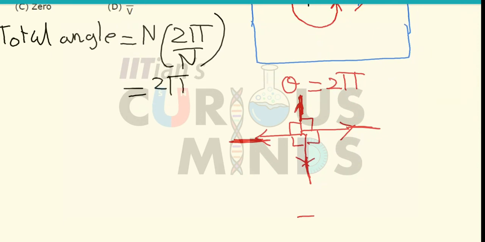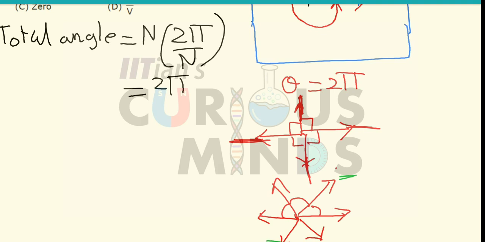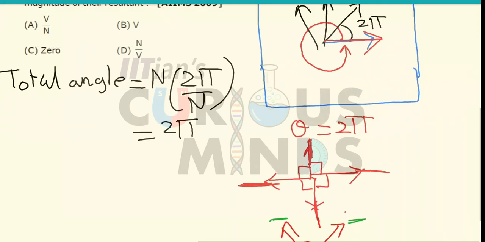If I take 6 vectors over here, each will make an angle 2 pi by 6, which is equal to pi by 3 with each other. So this vector will cancel out this vector, and so on.